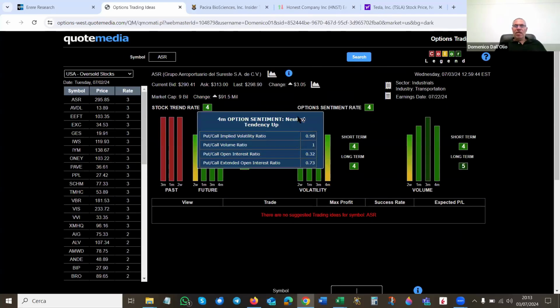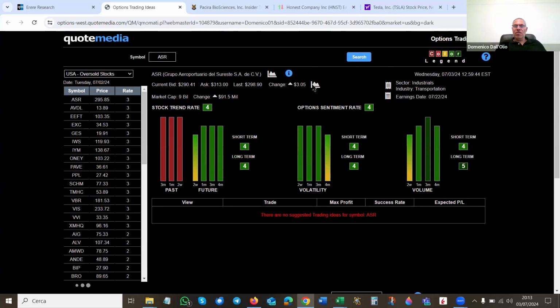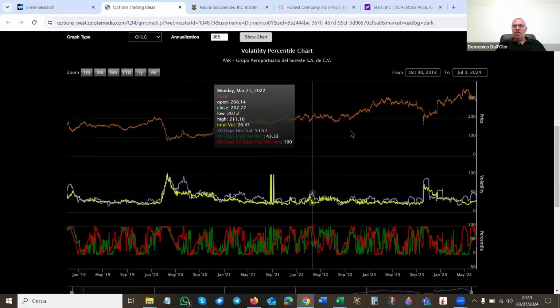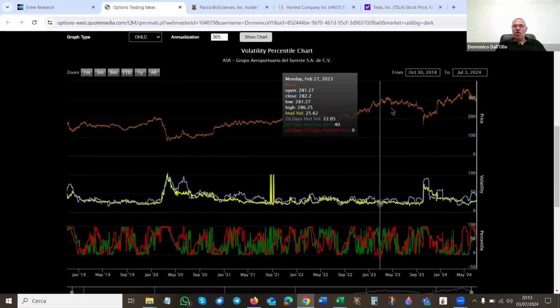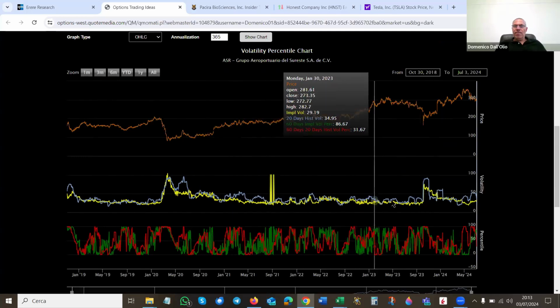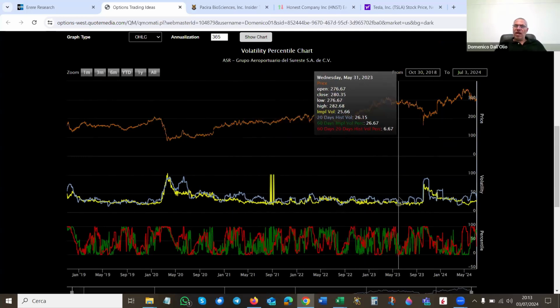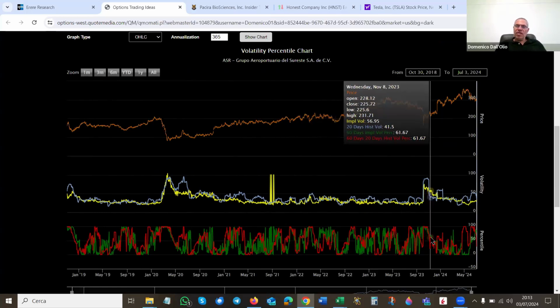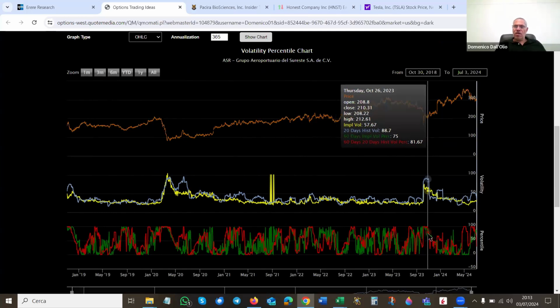Then what else? Okay, here we have another set of charts. We have the historical chart of the stock over the last 6 years, more or less. The lines are describing the historical and implied volatility, and below we have the percentiles of the implied and the historical volatility.